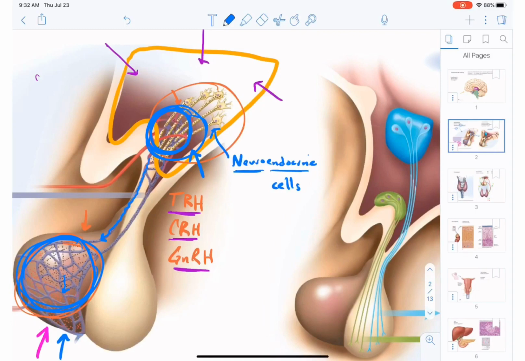Normally, nerve cells release their products onto other nerve cells or onto effector organs, but when those nerve cells release those products into the blood to act on distant target cells, in this case in the anterior pituitary, we can call those neuroendocrine cells.